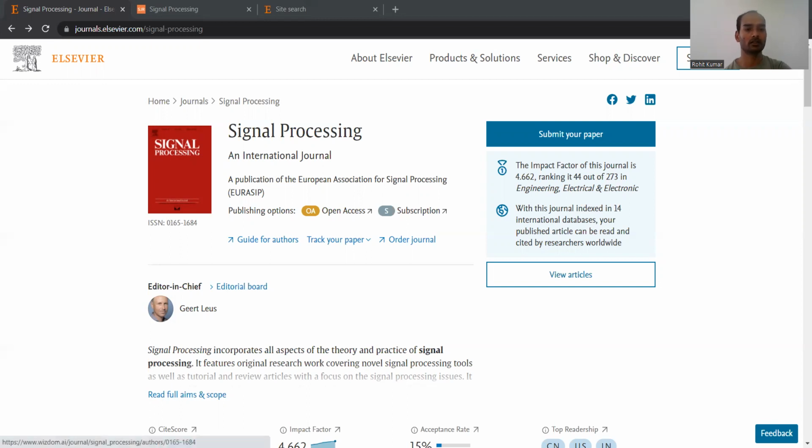Additionally, some of the authors who have published with signal processing usually publish in other journals also. So if you are not very confident about where you should publish your work after signal processing, or if your work didn't get published in signal processing, what are the other options? If you have an idea, or if you follow your fellow authors of your domain, then you might know.